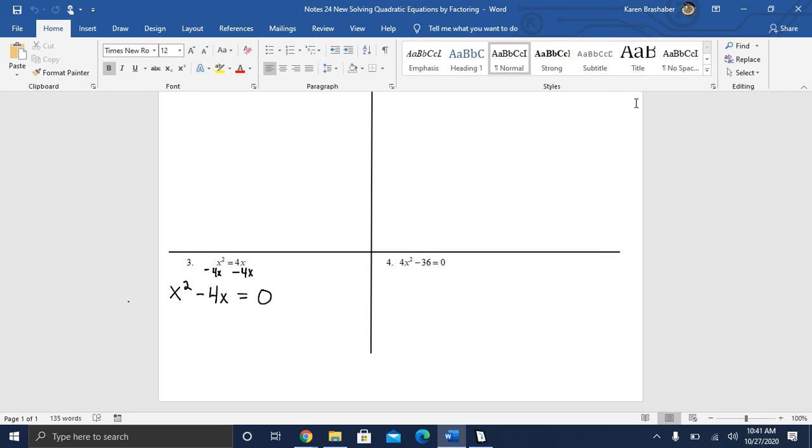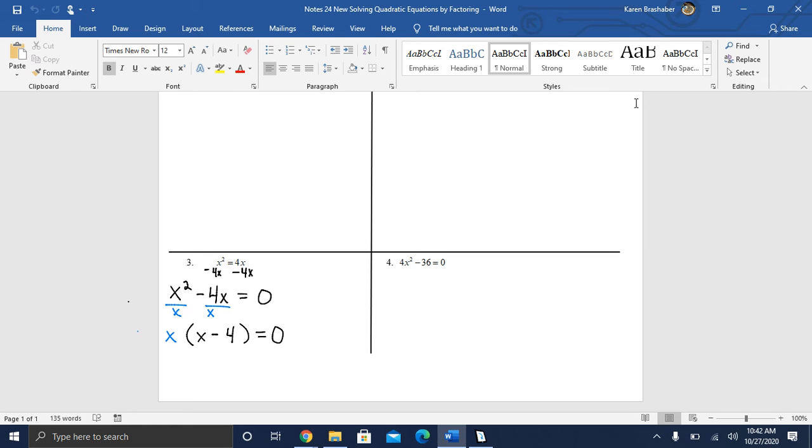So I'm going to see if I can take out a GCF. In other words, can I divide both of these by something? And I can. I can divide them both by x. So I'll take out an x, and then that will divide out and leave x squared divided by x is x, and negative 4x divided by x is negative 4. I'll bring down the equal 0.